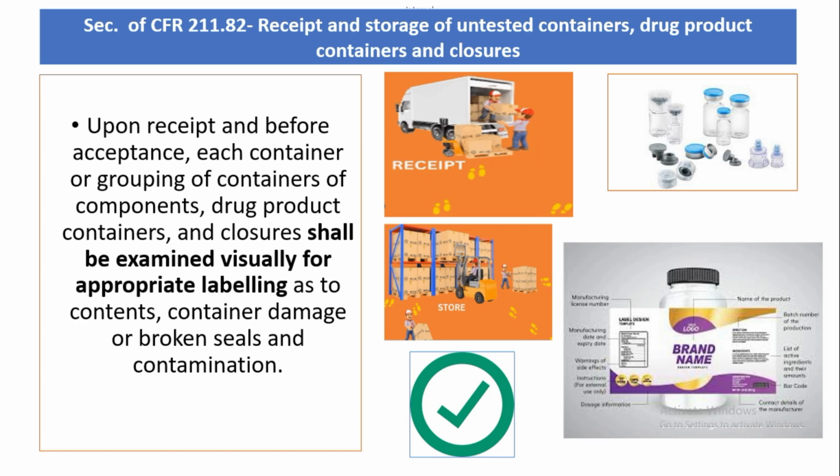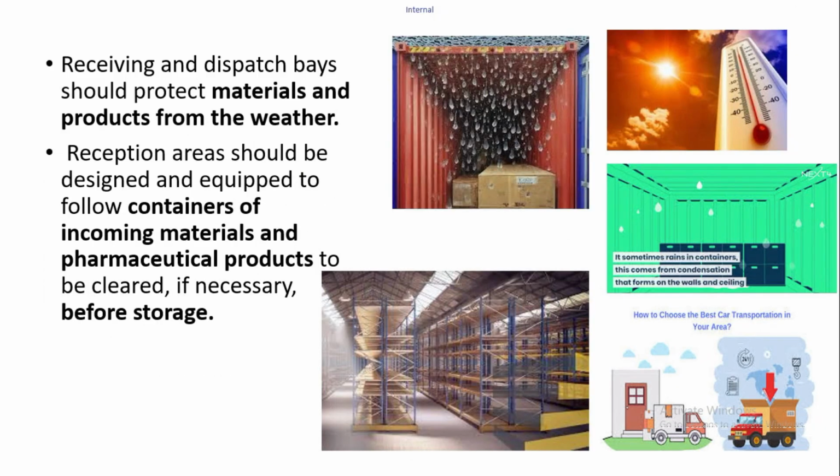This is going to be a very big trouble if we do not check the labels and store them properly. Everything depends on proper labels and proper containers and closures. Damages, if any are present, should be notified immediately.